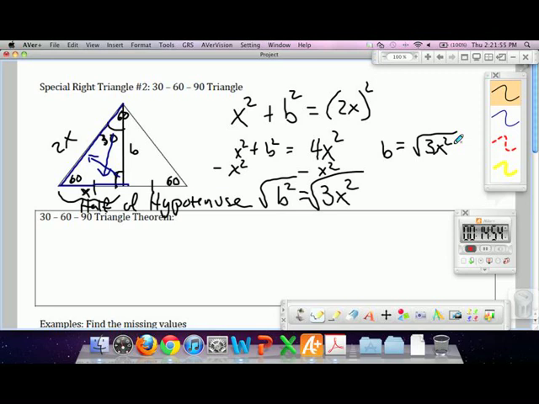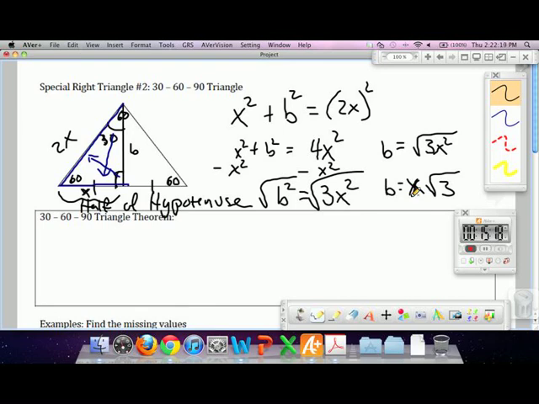How can I simplify that radical just a little bit? This looks a lot like the one we had before. We had x roots of 2. For a 30, 60, 90 triangle, the side that's across the middle side, or the side that's across from the 60-degree angle, has got to have this relationship, which is the following.